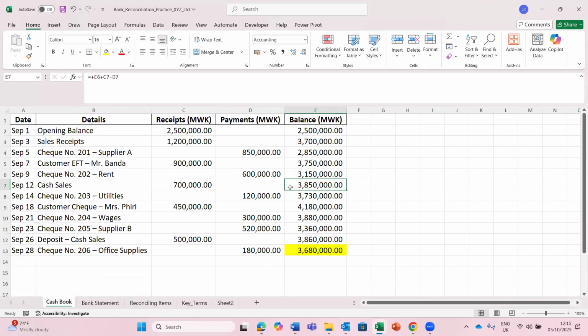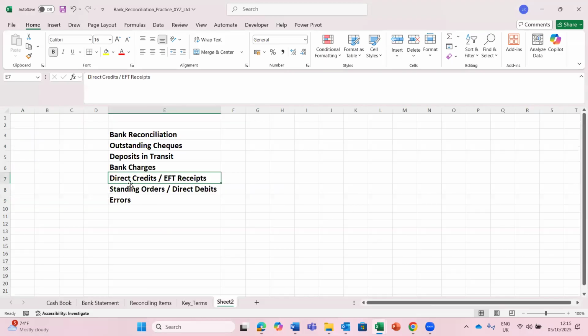Up until you become aware of that deposit, that's when you record that transaction in your cash book. So that's what it means when we say direct credit or EFT receipts. These are receipts or deposits done by your customers without your knowledge. After looking at the statement, that's when you know of the difference.